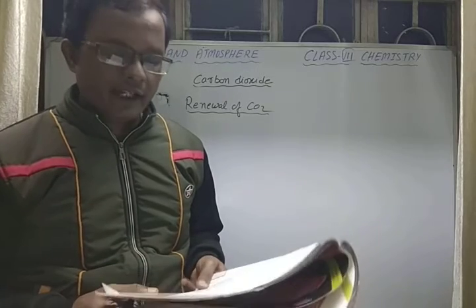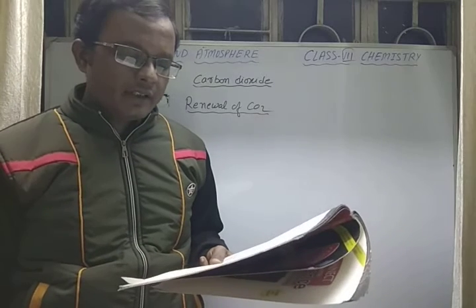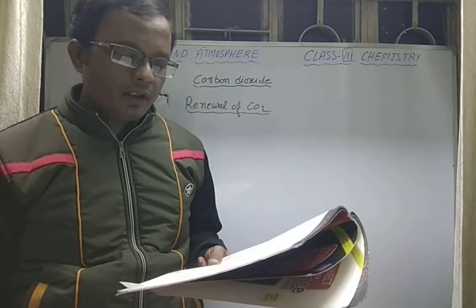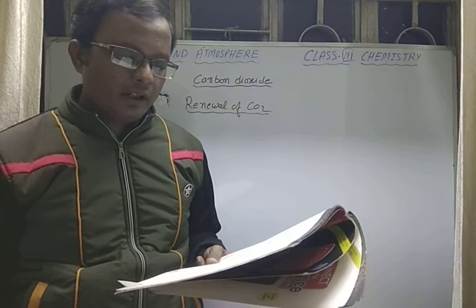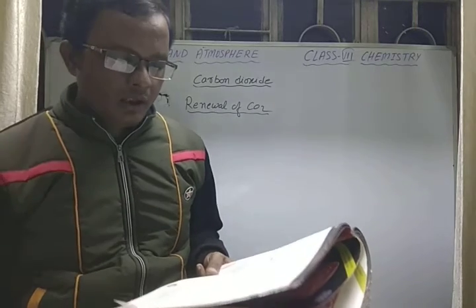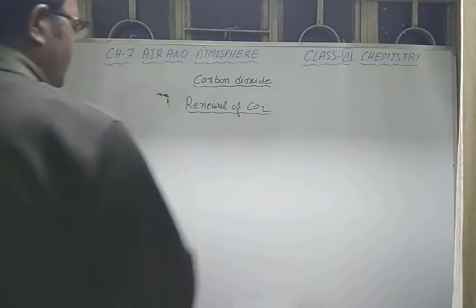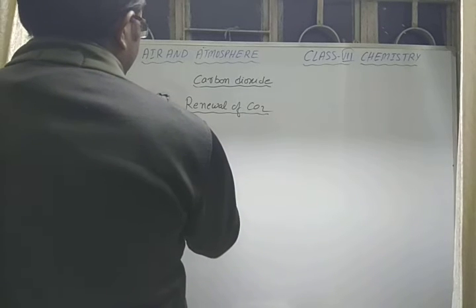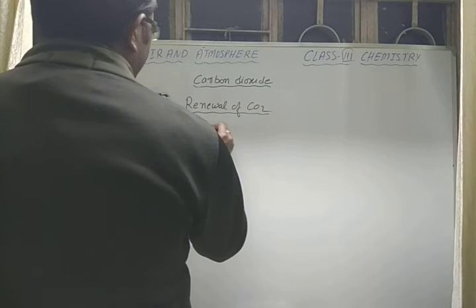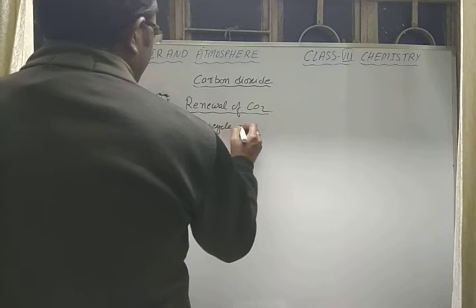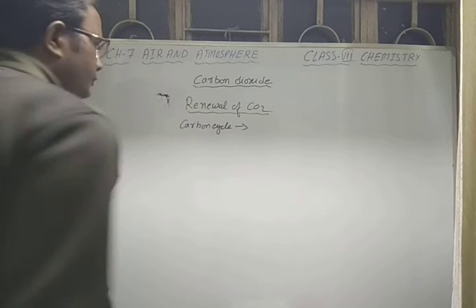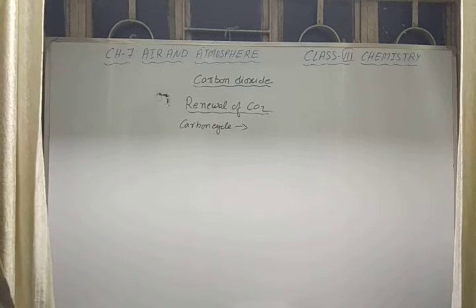What is the carbon cycle? The carbon cycle is the circulation of carbon between the atmosphere, soil, water, and living organisms. By following the steps of the carbon cycle, we can renew carbon dioxide in the air.